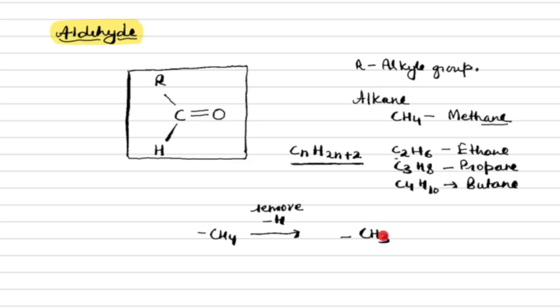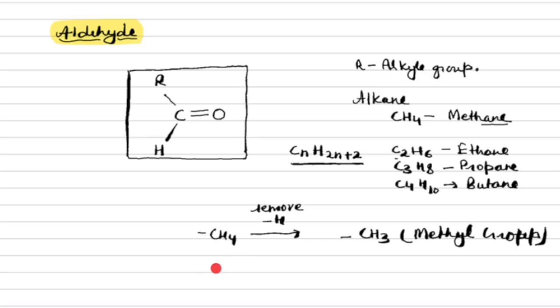And what was the name of this? This was methane, right? So it will be called methyl group. So this is what we mean by this R. In this case, CH3 can be attached, so the methyl group is attached with this carbon.